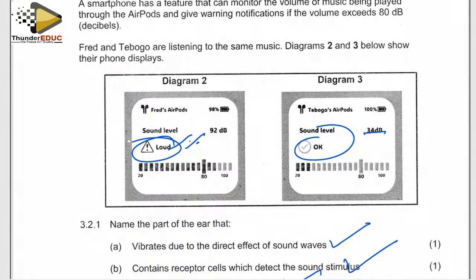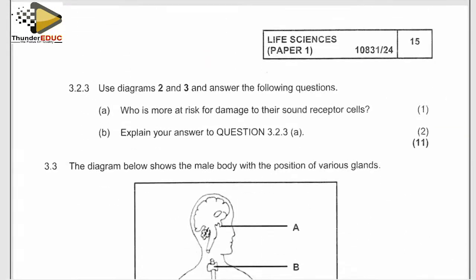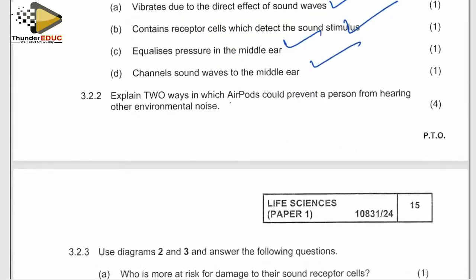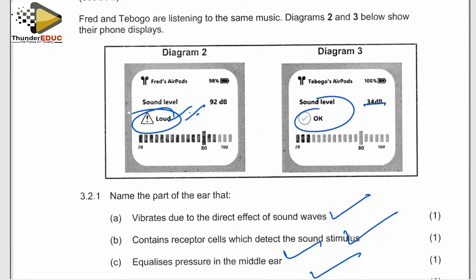And then the same vibration will be transmitted equally to the cells in the organ of Corti. These cells have a specific amount of vibration they can accommodate. So if it's too much, then it's easy for them to be damaged. That's why we say that it is that individual in diagram 2.